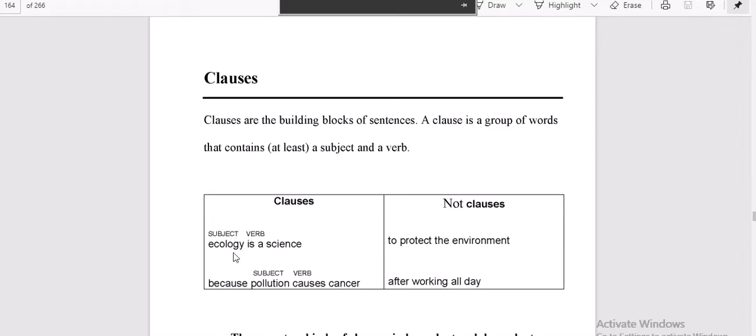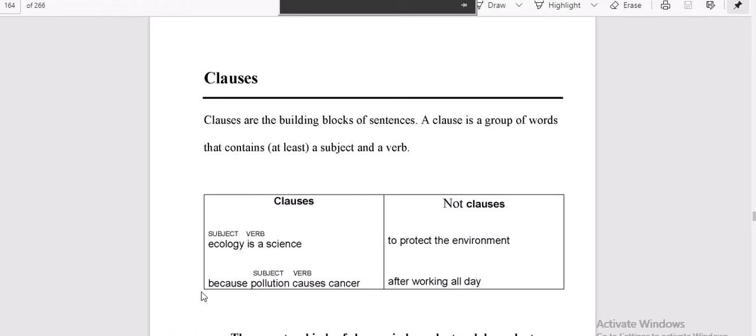An independent clause, which can stand alone, which doesn't need any support, which has no subordinator, consisting only of a subject and a verb. Okay, it can also contain a complement such as "a science", but this is just an additional part, which is not necessary.